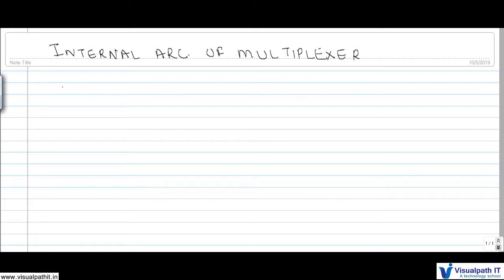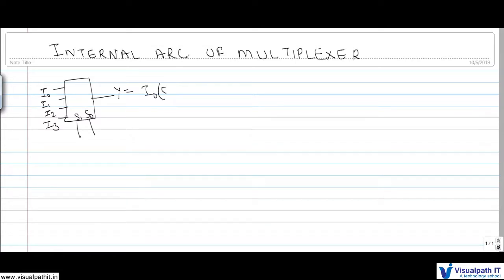As we saw in the last slide, a simple multiplexer has n inputs. Let's assume we have 4 inputs I0, I1, I2, I3, 2 selection lines S0, S1, and one output. The output will depend on the selection lines, which decide what information is sent to the output.